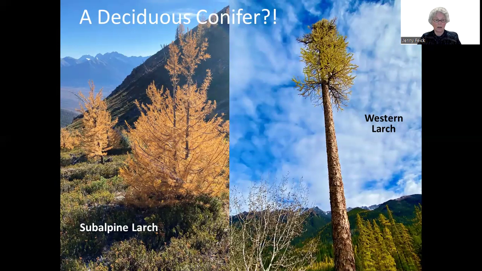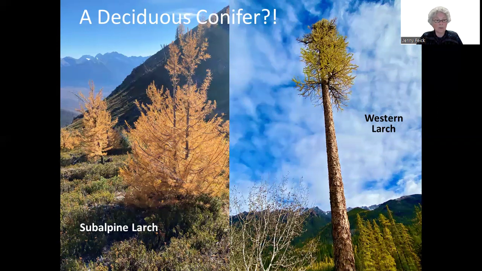And then you will soon be seeing up higher in the mountains, because the western larch are down more in the valleys and lower elevations, you'll start to see the subalpine larch. And the subalpine larch extend from Waterton to Lake Louise, or just north of Lake Louise at the higher elevations. And then beyond that, you don't see larch.